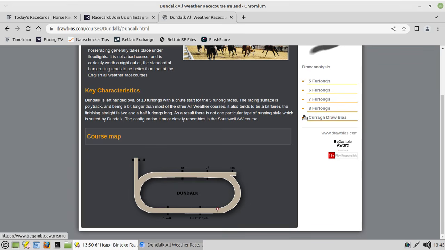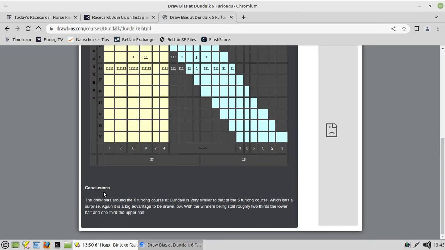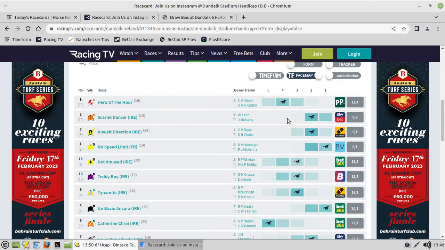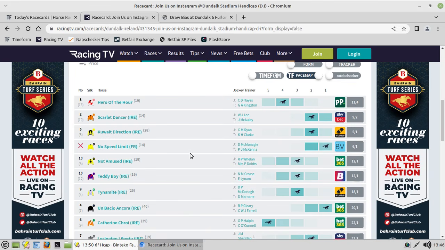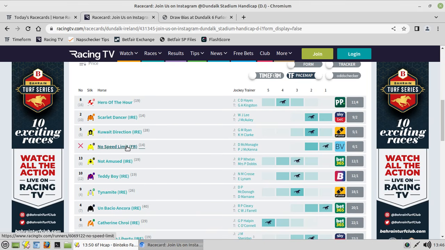So let's check to see if there's any draw bias on the 6 furlongs, and you'll see in the summary down here that it's a big advantage to be drawn low. So are any of those runners that we're looking at drawn low? We've got Scarlet Dancer is drawn in 10, Q8 Direction is drawn in 5, and No Speed Limit. So those two are perhaps the favourites for our Dutch, with potentially that one there.